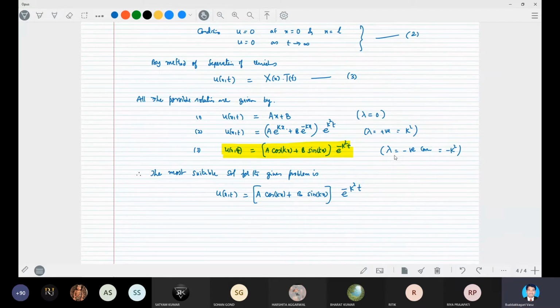Okay, this we obtained when taking the negative constant, right? When t tends to infinity, this becomes e power minus infinity, 0, and 0 into anything is 0. This is the only case that satisfies this condition. The rest of them will be automatically satisfied, right?